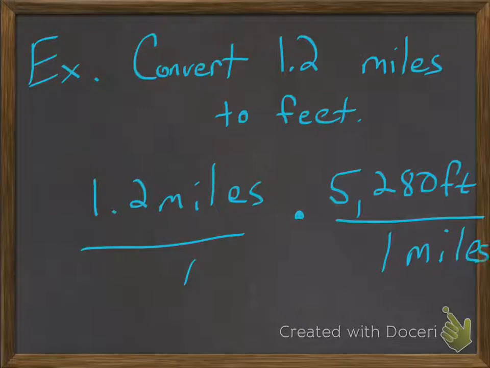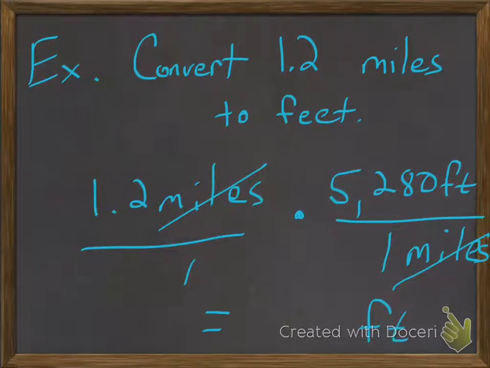Now, if you do this right and you write your units, even your units cross out. So watch this. Miles divided by miles crosses out. So you're left with only feet left.